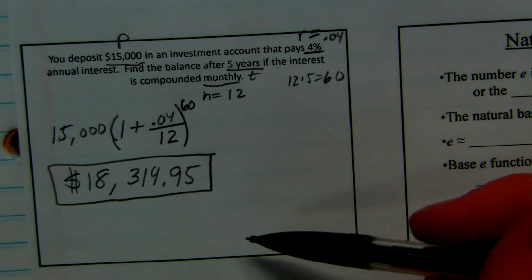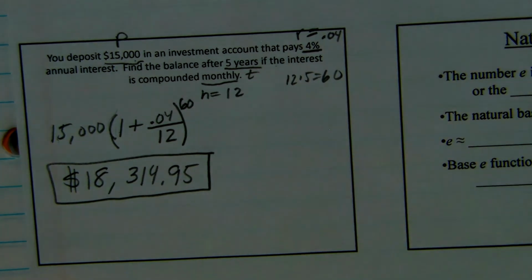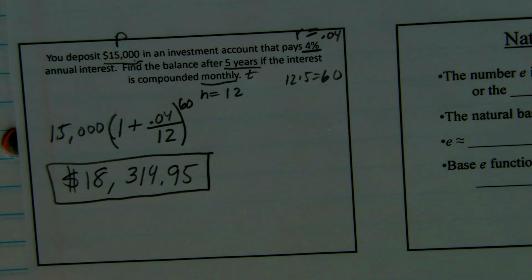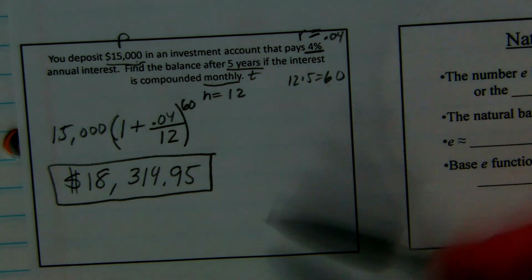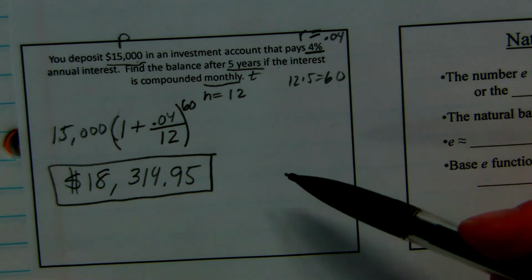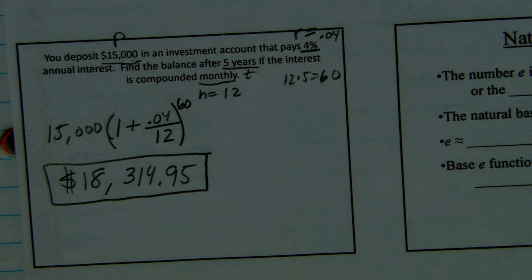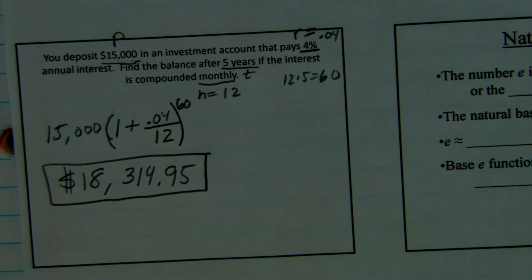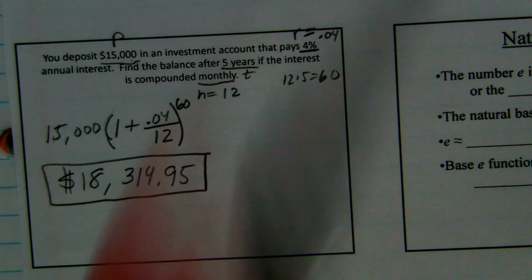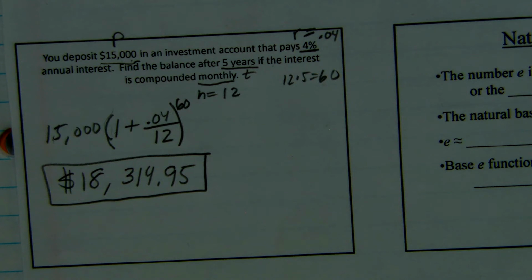If you were putting something into an account and you knew how often they were adding interest, but this also works if you've got something on a credit card, you could figure out interest over time. Then you also have to factor in if you're making payments, though. So there's a little subtraction that would have to go on there. But in general, that's how the compound interest formula works.